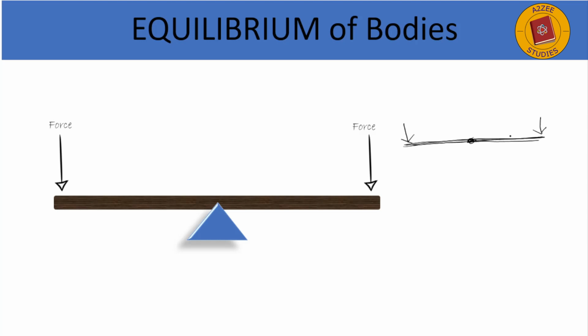It's not going up or going down. So we can say that it's in equilibrium. The force applied here and the force applied here, and if it remains in this same position, this is the equilibrium of bodies. We will be discussing equilibrium of moments at a later slide. It's just an overview.